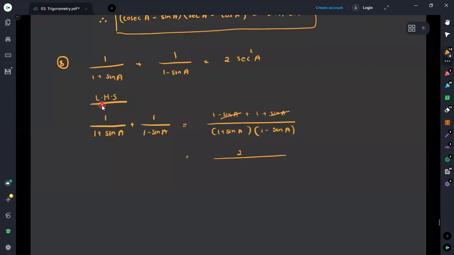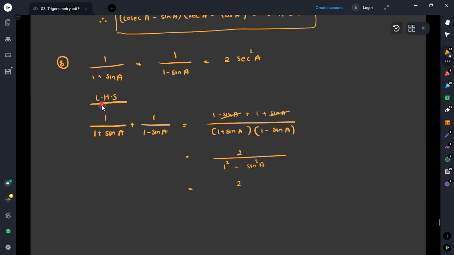Here it is 1 plus sine A times 1 minus sine A, quite in the form of A plus B into A minus B. We can take this as 1 squared, it is simply equal to 1 minus sine squared A. 1 squared is simply 1.